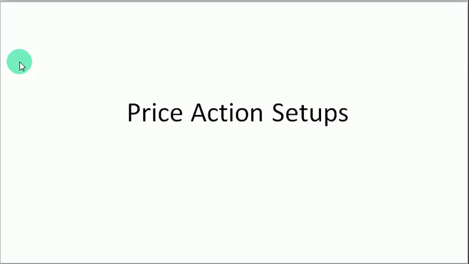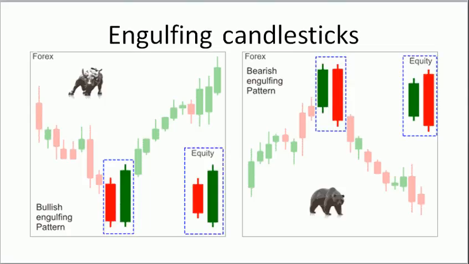All right. So the first thing that I would look for when price is nearing a support and resistance zone is the engulfing candlestick. Now the psychology behind the engulfing candlestick is that it engulfs the entire previous day's price action.